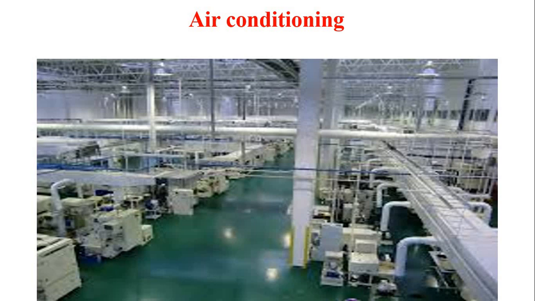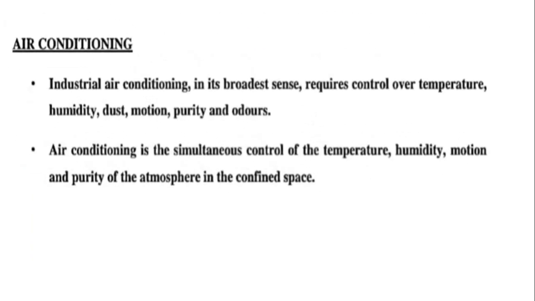An air conditioner is an appliance, system or machine designed to change the air temperature and humidity within an area. It means simultaneous control of temperature and humidity and distribution and purity of air by artificial means. So this is what air conditioning is.